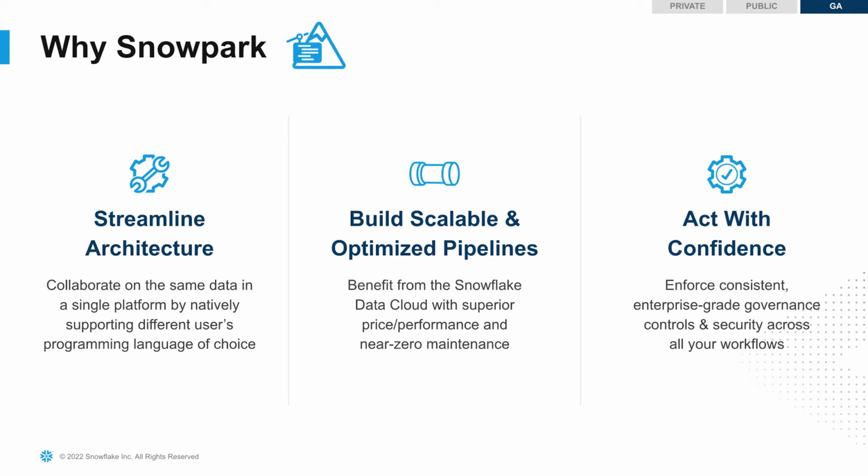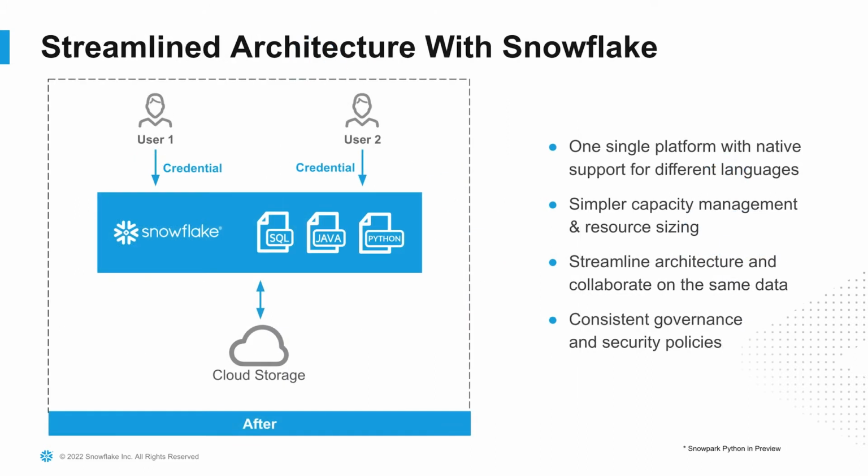So using our superior price performance and near zero maintenance, again, the focus becomes on turning data into insights and not managing the infrastructure that enables that. And of course, you can act with confidence on all this because by having a single platform, you can enforce consistent enterprise-grade governance and controls across all your workflows, whether it's analytics, data engineering, or data science.